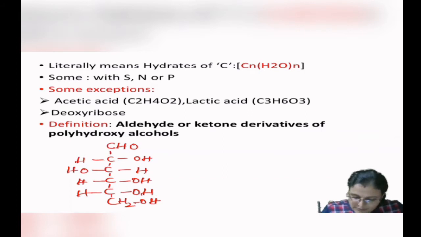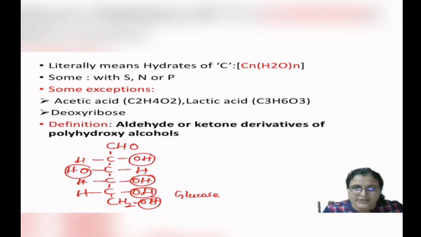So see, this is the structure of glucose. In glucose, there are lots of hydroxyl groups, so it is a polyhydroxy. Then aldehyde group. Aldehyde is a functional group. So glucose is a polyhydroxy aldehyde.